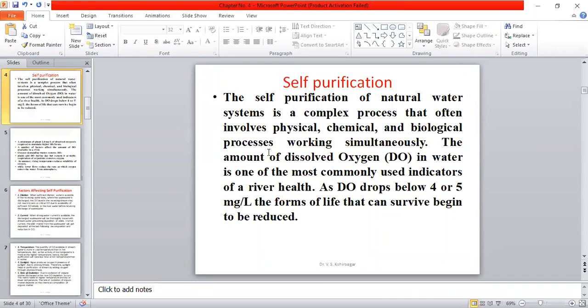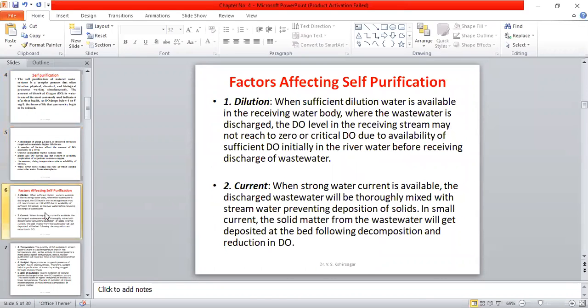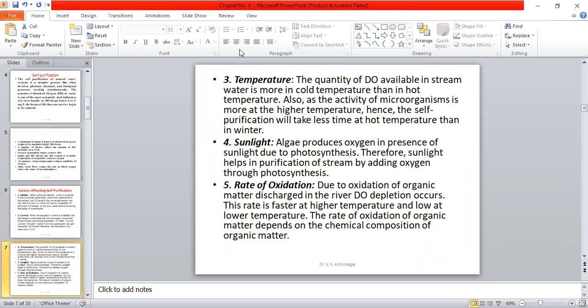This is nothing but self purification, and that part we discussed in the last lecture. After that, we discussed factors affecting self purification. There are various factors. What is the dilution, the current, how fast or how slow the river or stream we have selected for dilution purpose is running.